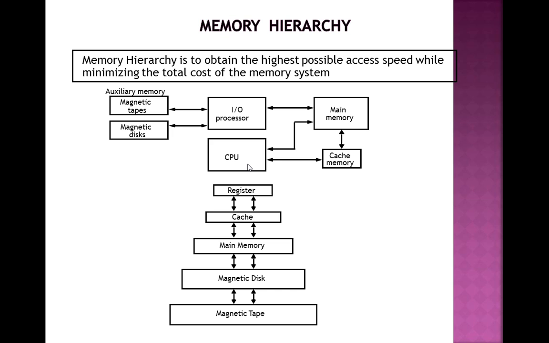If the content is available in the main memory, it transfers the data to the CPU, and then the CPU performs the operation and gives the output. If the data is available in the cache memory, it will pass to the CPU, and at this time the access speed or execution speed is faster. Why? Because cache memory is very close to the CPU in comparison to the main memory. So it performs the operation, gives the output, and does the calculations.